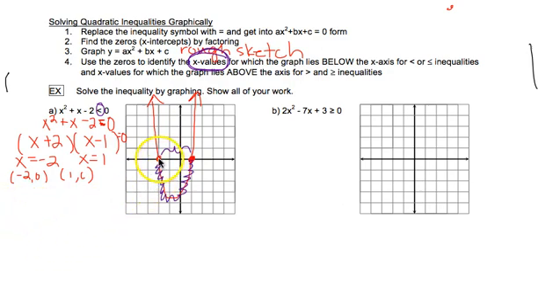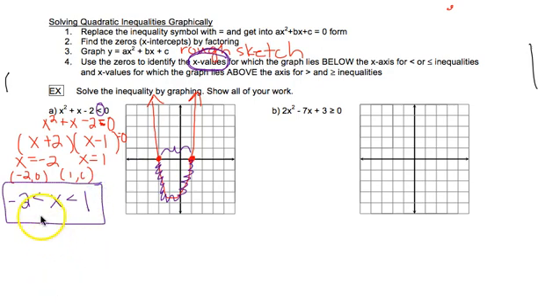So here x is -2, here it's 1. Remember we said we can't include the point on the axis because there's no equals here. So that means that x is going to have to be between -2 but not including it and +1 but not including it. And this is actually the answer.